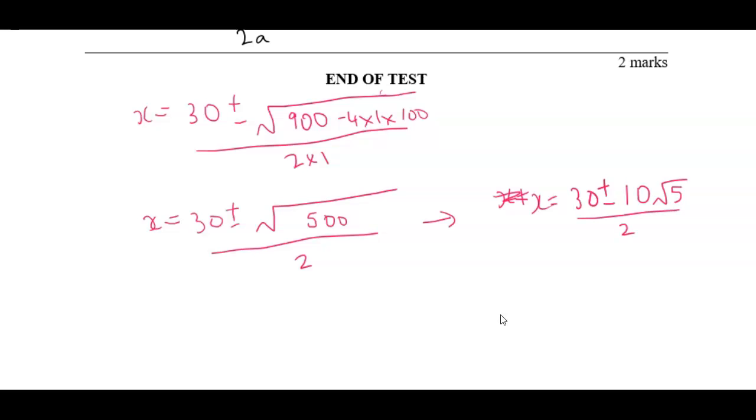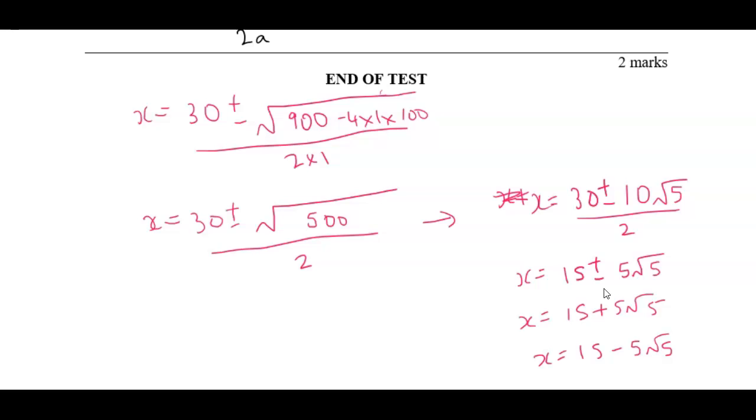Now that 2 can divide through the 30 and the 10, so we're going to have x equals 30 divided by 2 is 15, and 10 divided by 2 is 5. Okay, so there's our solution. So this obviously separates to two solutions. So we can have x equals 15 plus 5 root 5, and we can have x equals 15 minus 5 root 5.